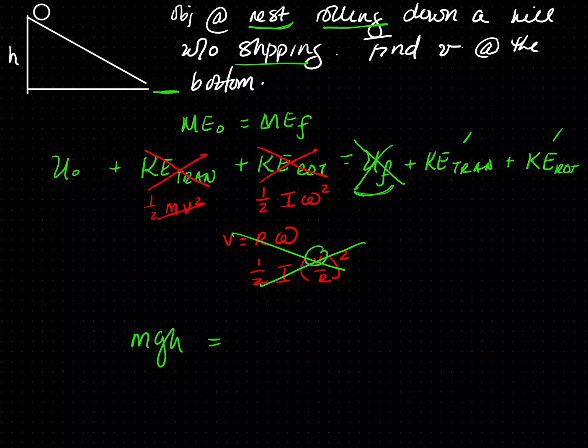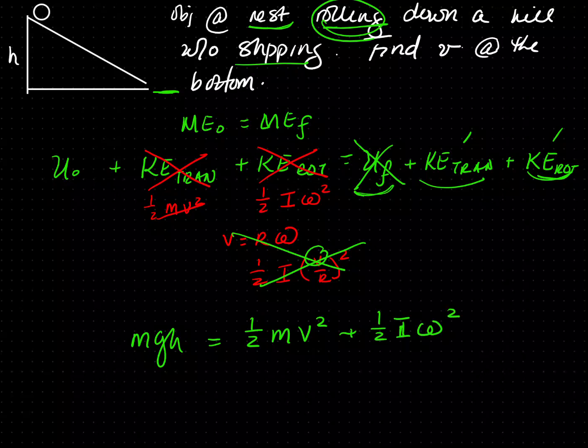It will have translational kinetic energy because it's moving, so that's 1/2 mass times velocity squared. And it will have rotational because it is rolling, so therefore it is spinning. So this is going to be 1/2 I omega squared. So this is my generic formula. I could substitute in.